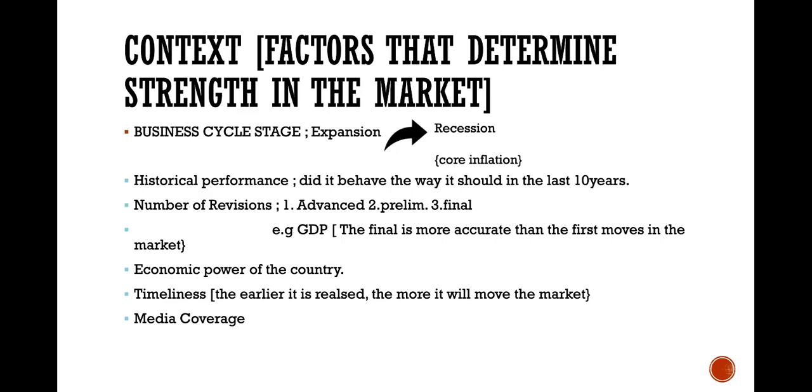So you want to look at them individually to understand how they move the market. Then the economic power of the country, of course, USD is king, right? And then how people are doing business, the supply and demand and everything.